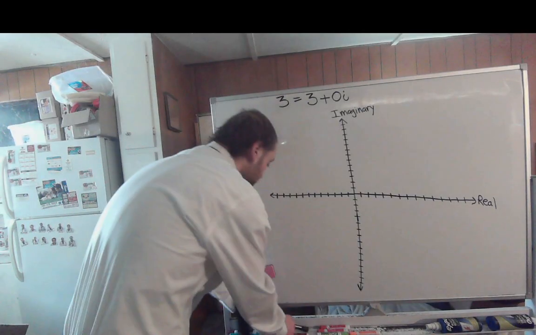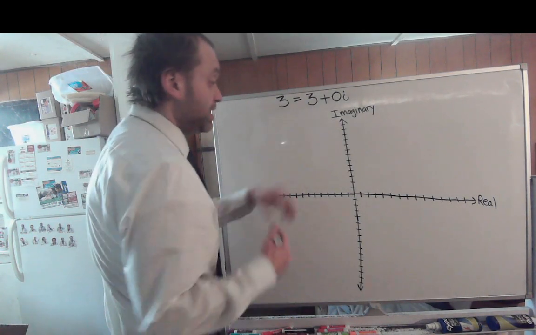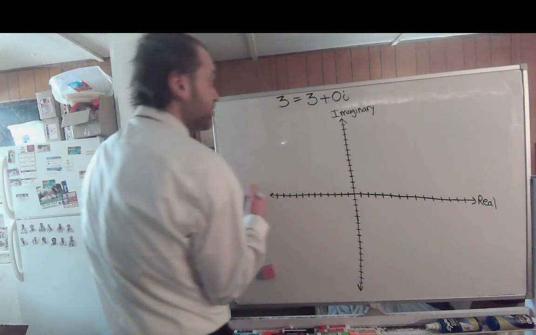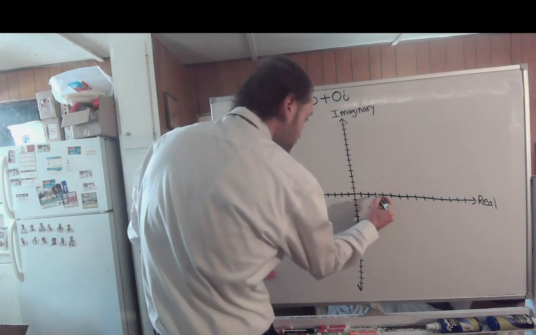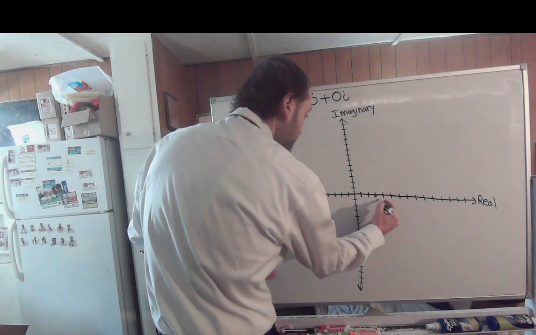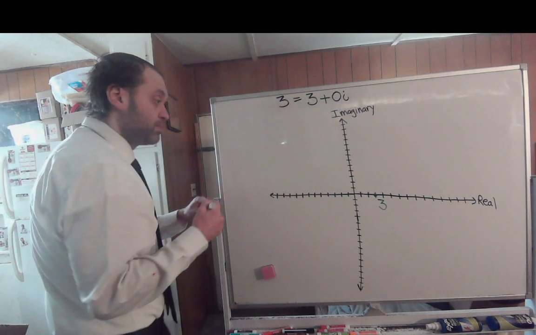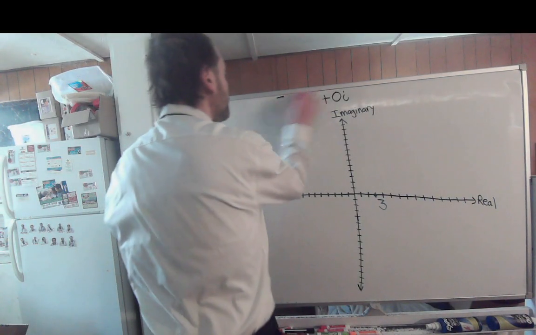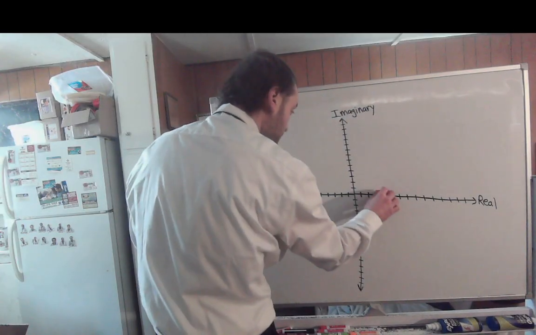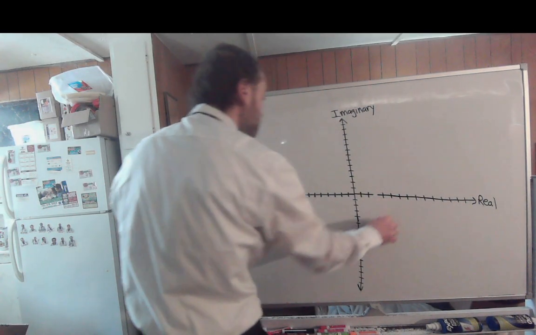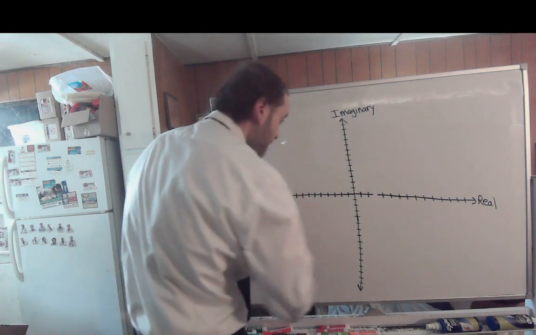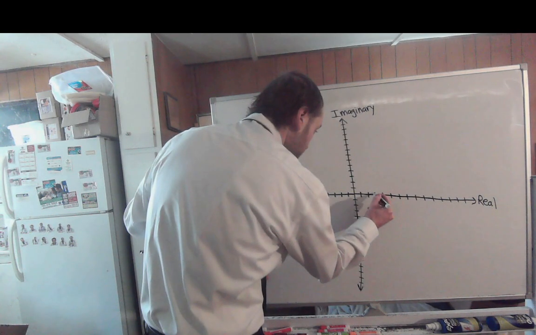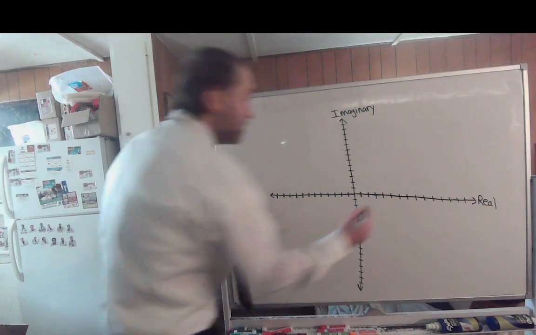So this tells me I'm only going 3 on the real axis, which would put me right here and nowhere on the imaginary. So right there is the number 3 in the complex plane.